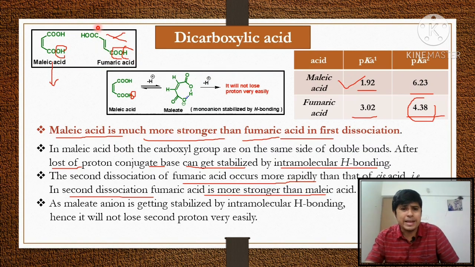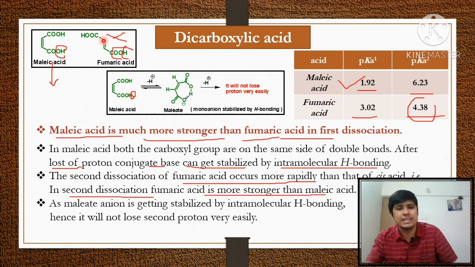Now fumaric acid has its second carboxylic acid group completely free, and it will donate its proton very easily. But in maleic acid, the second carboxyl group is in hydrogen bond with this carboxylate ion, so it will not lose the second proton very easily.